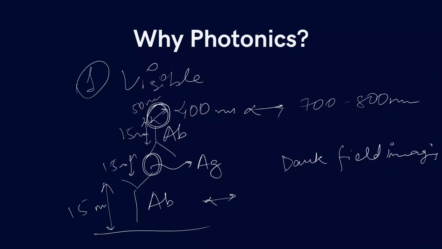Nano makes it a lot easier to operate in the visible range. In some cases you had to go down the wavelength chart, maybe to the UV, but that may not be very suitable for biological applications.